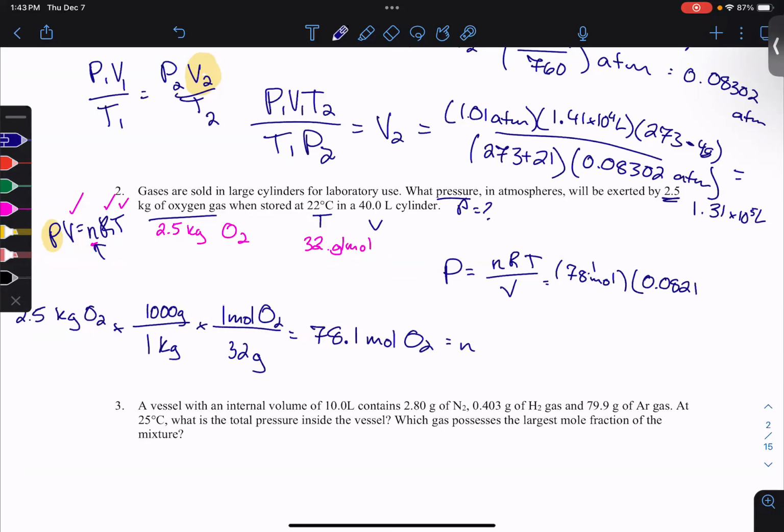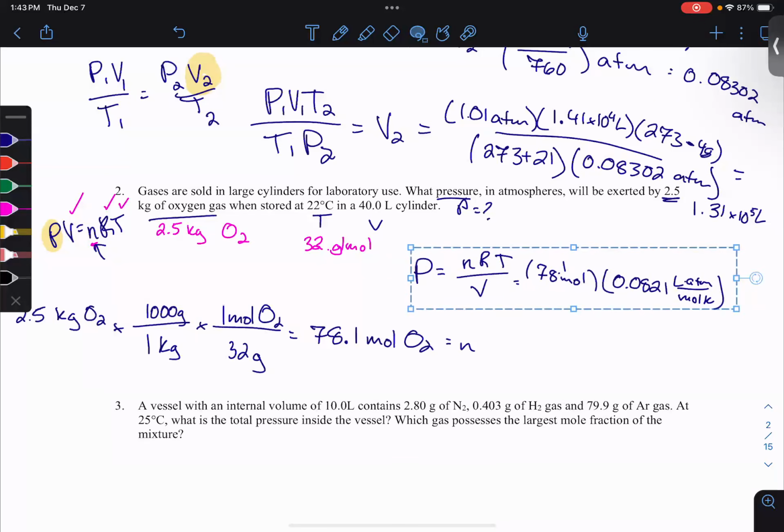And the unit of that is liter atm per mole Kelvin. And so you can tell by the unit what units everything has to be in PV equals nRT. Volume has to be in liters, temperature needs to be in Kelvin, n has to be in moles, pressure has to be in atmospheres, because it's easier for us to convert to those units than to memorize a bunch of different types of R. There are a lot of different gas law constants based upon the unit. But again, it's easier to memorize this one.